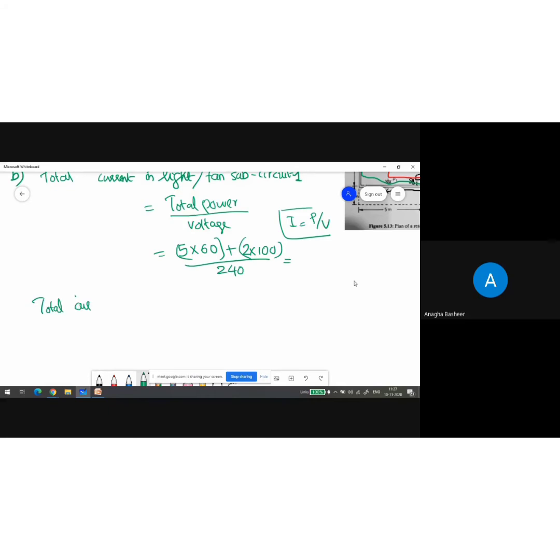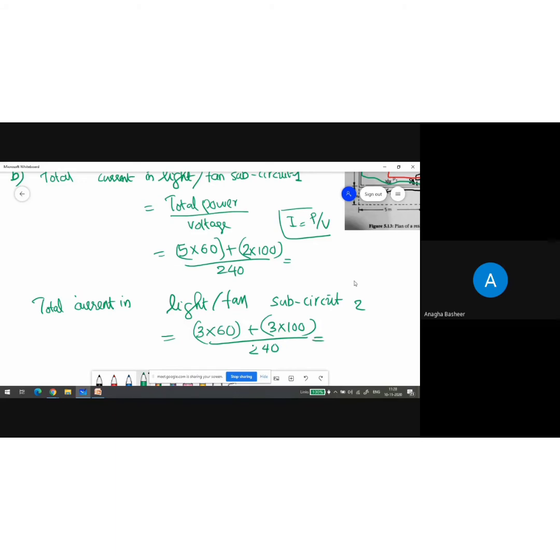Similarly, total current in light and fan subcircuit 2 you have to calculate. 3 into 60 plus 3 into 100 divided by 240 volts.